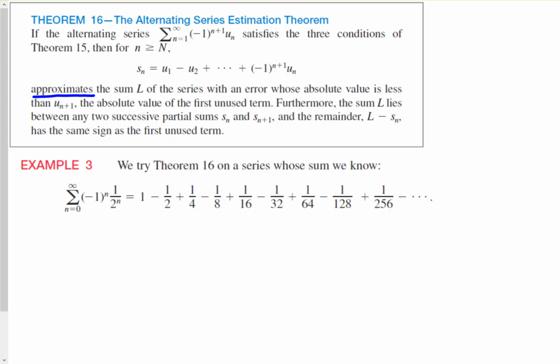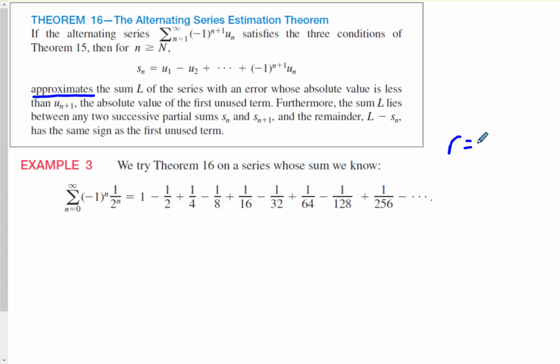Okay, so this was our geometric series, right? So let's take a look at this example. Let's try to come up with a partial sum here using the alternating series estimation theorem. We got the terms here laid out for us. We got the first term.